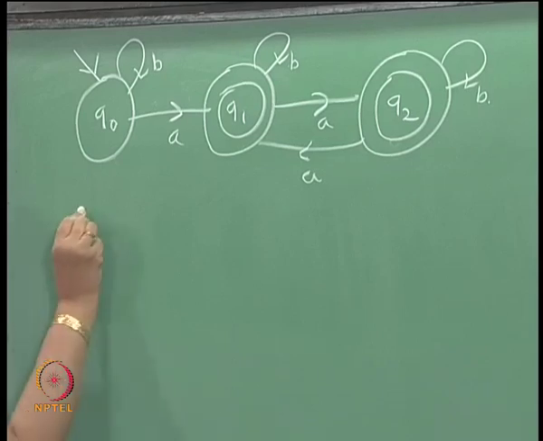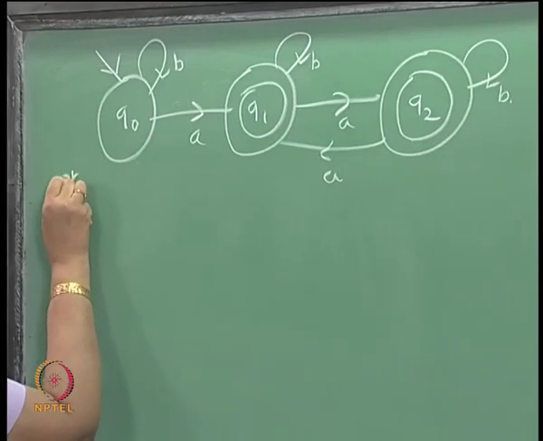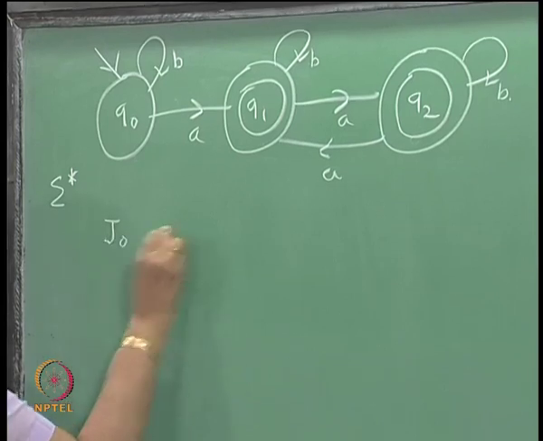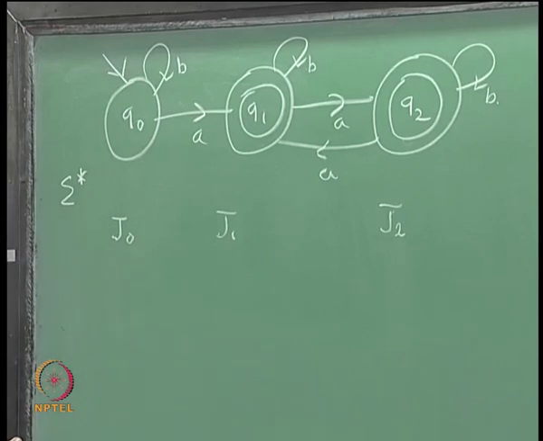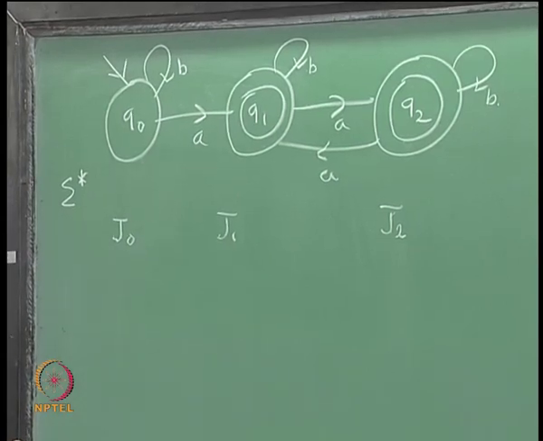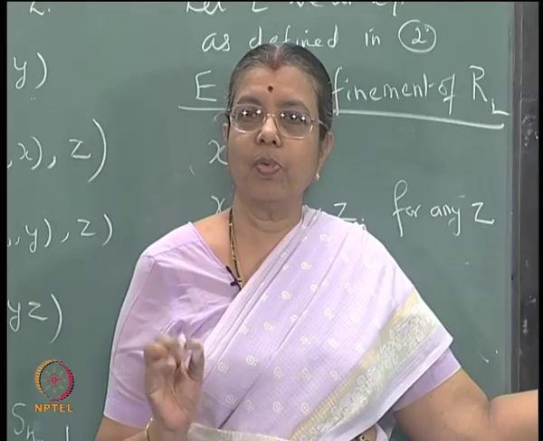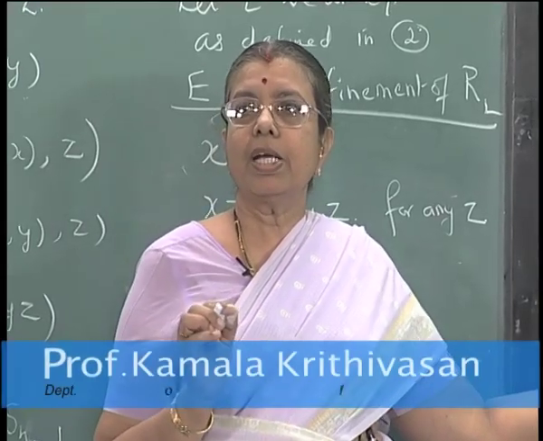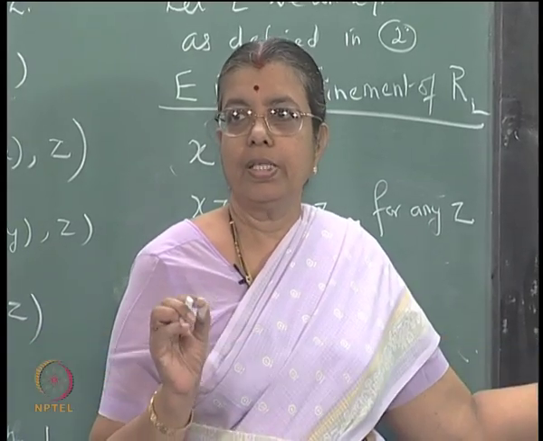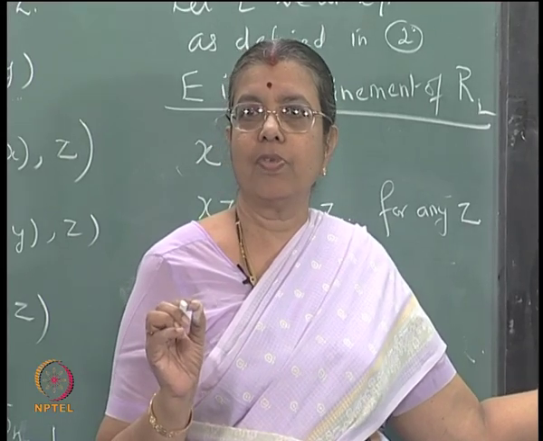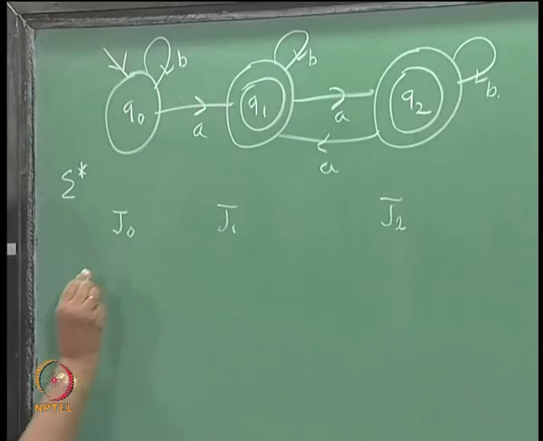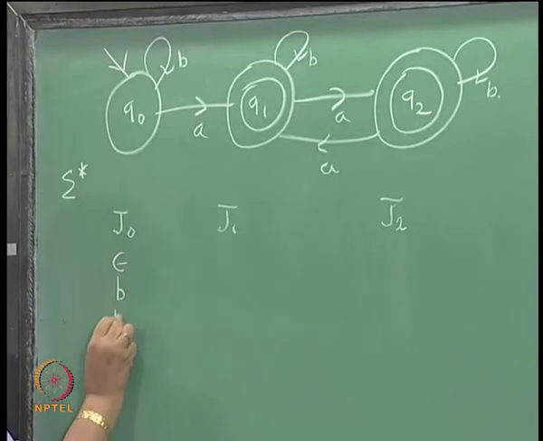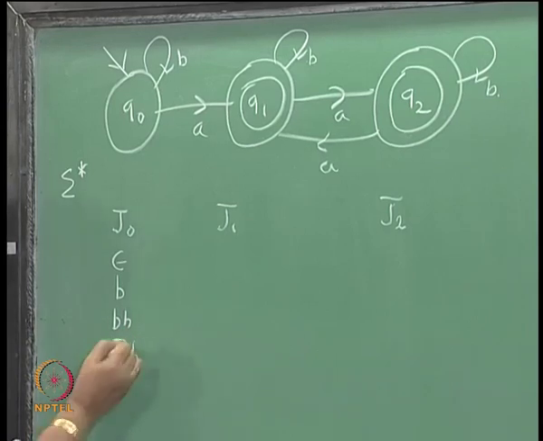So, sigma star you can divide into 3 classes, J0, J1, J2, 3 equivalence classes. J0 corresponds to strings which take you from Q0 to Q0, J1 corresponds to strings which take you from Q0 to Q1, J2 corresponds to strings which take you from Q0 to Q2. So, for example, here you will have epsilon, B, BB, BBB and so on.